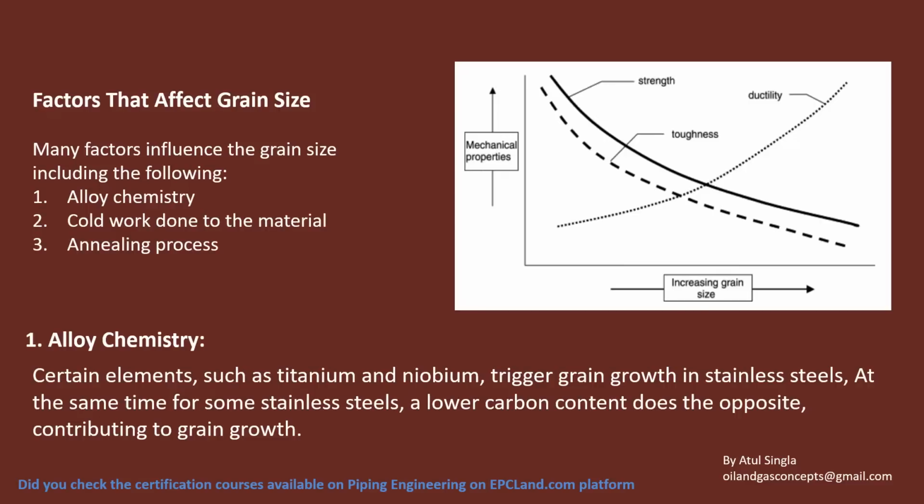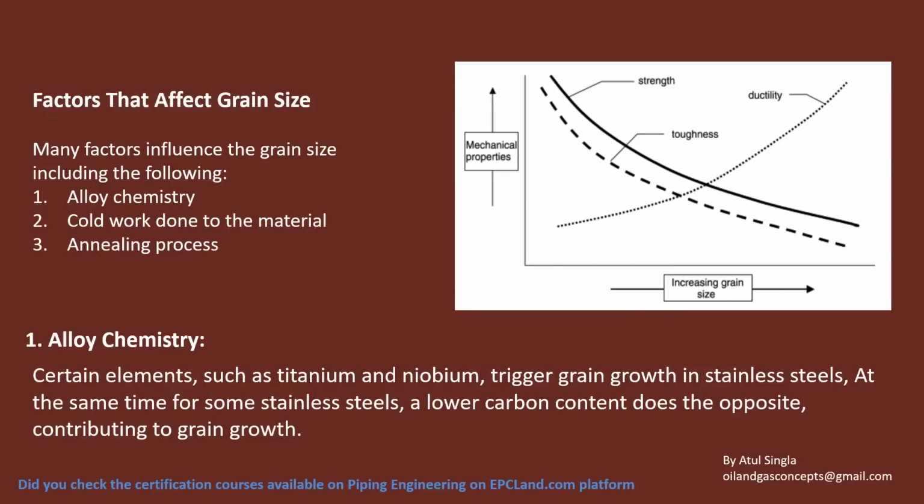Now for example, if we talk about alloy chemistry and its impact on grain size, there are a few examples such as titanium and niobium. A few alloys have these elements in certain percentages, defined in the various ASTM standards, which may trigger grain growth in stainless steel.